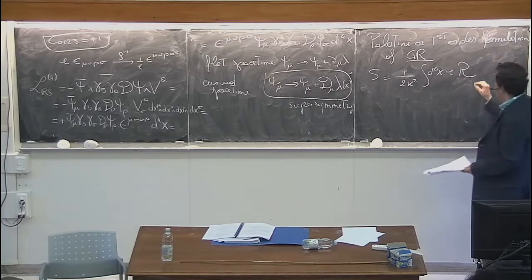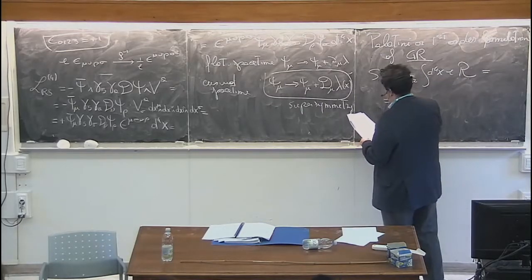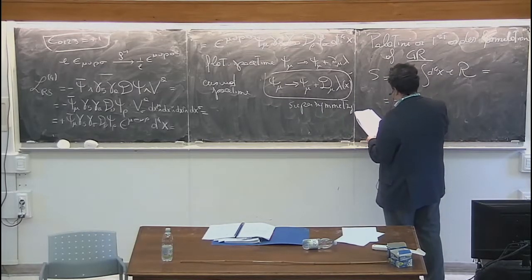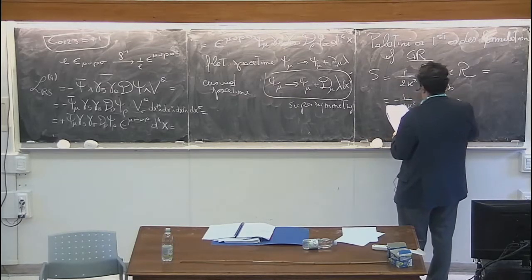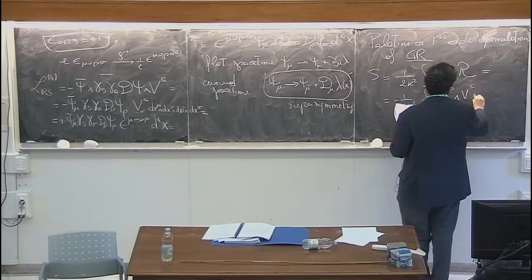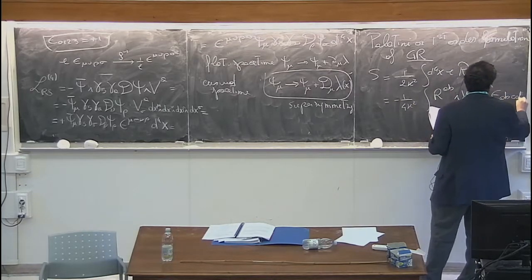Now this we can write as minus 1 over 4 kappa squared, and this I invite you to verify, R^AB wedge V^C wedge V^D epsilon_ABCD.